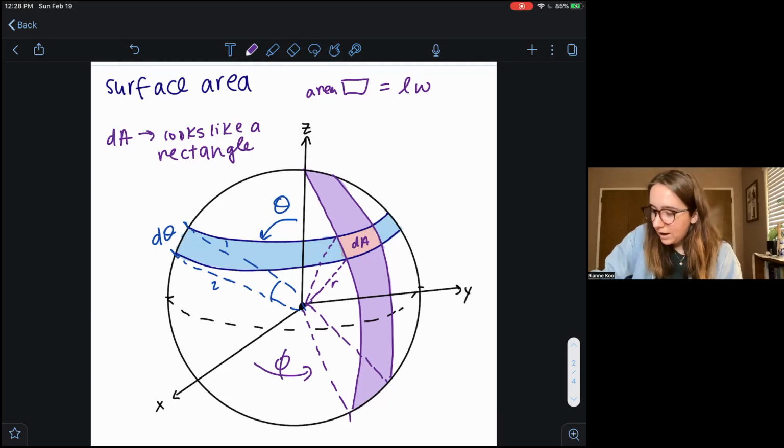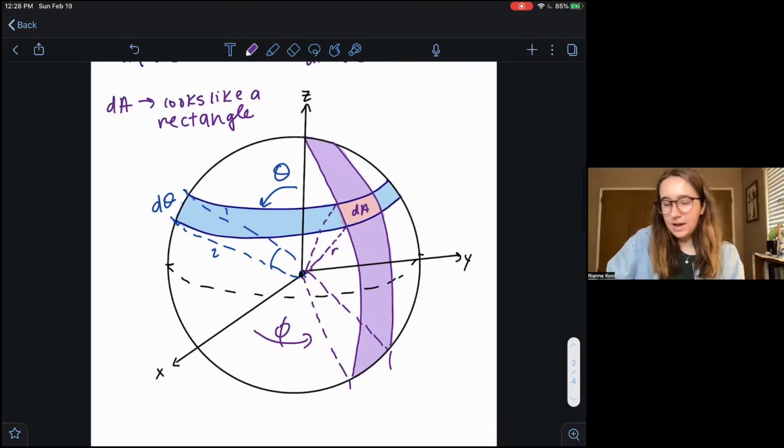So if we have these two, this line that goes like this, it has one angle phi at 1, and at 2 it has some angle phi plus some other d phi that we don't know. So this is equal to d phi. So now we have a good understanding of our coordinates.